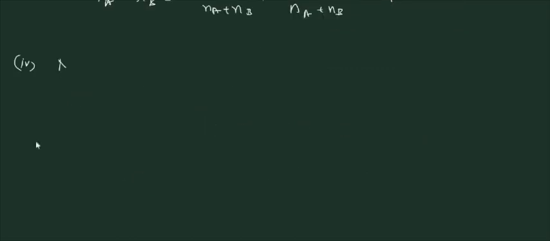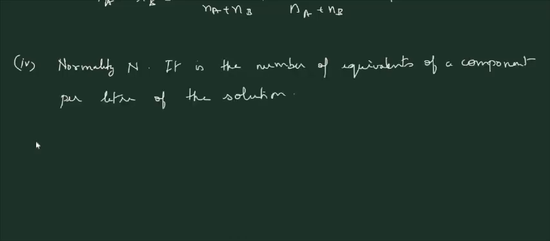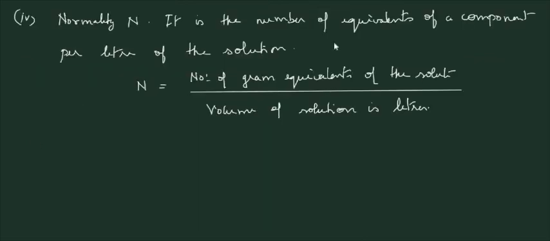Now the fourth one is normality, N. It is the number of equivalents of a component per liter of the solution. So N is equal to number of gram equivalents of the solute divided by volume of solution in liters. Number of gram equivalents is equal to mass of solute divided by its equivalent mass.